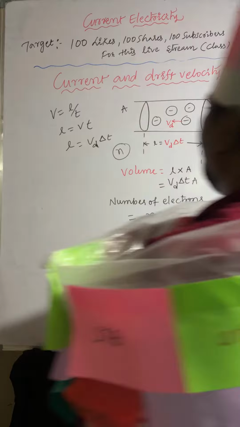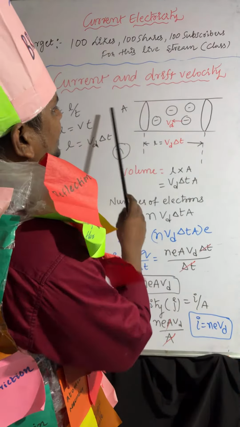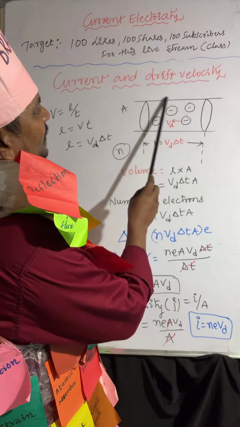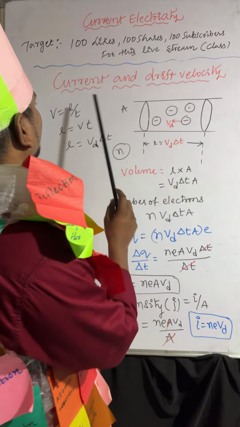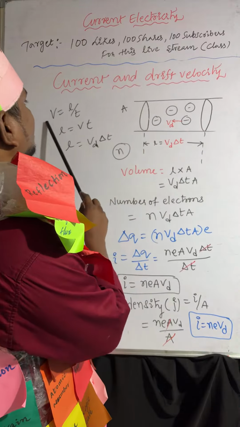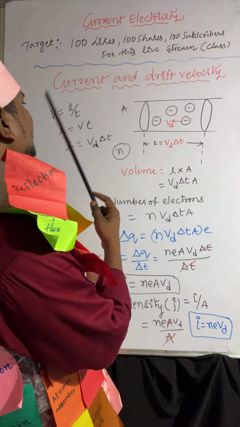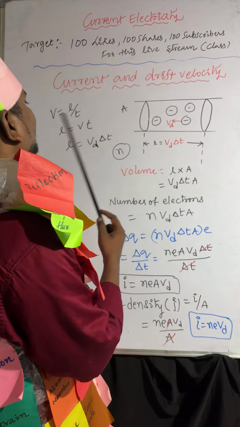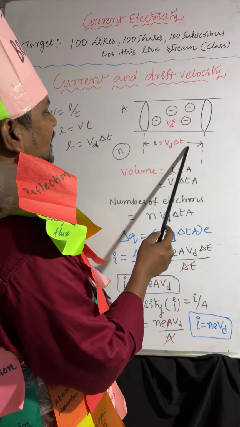I am taking this as the area of the cross section. Electrons are moving in the conductor, so this is the drift velocity. Normally velocity equals displacement by time taken, or length by time taken. So if you are taking magnitude, L equal to Vd into delta t. So Vd into delta t.